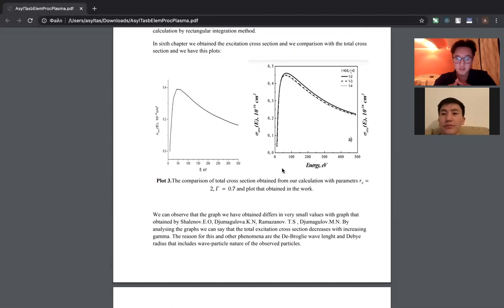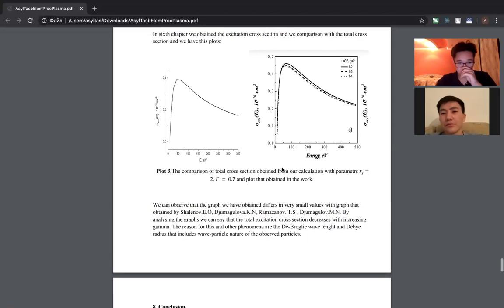We can observe that the graph we have obtained differs in very small values from the graph obtained by Shalenov, Zhumagulov, Ramazanov, Zhumagulov. By analyzing the graphs, we can see that the total excitation cross-section decreases with increasing gamma, the coupling parameter. The reasons for this and other phenomena are the de Broglie wavelength and the Debye radius, which include the wave-particle nature of the observed particles.